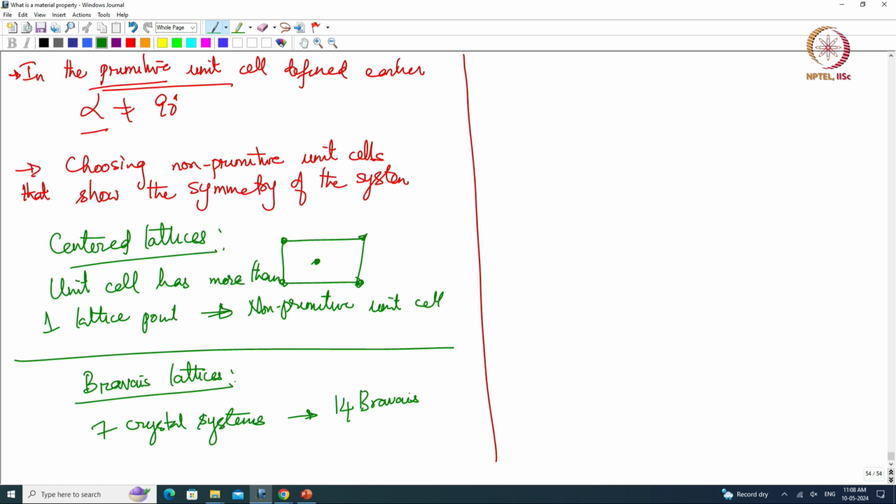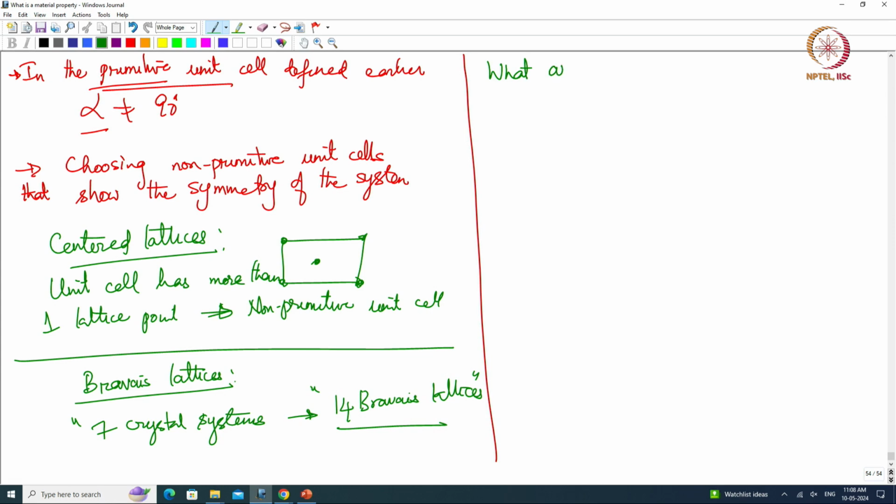I will do that exercise in the next class, but we have 14 Bravais lattices. A crystal system can either have a primitive unit cell or a unit cell of choice which is non-primitive. And what are the different sorts of non-primitive unit cells that a crystal system can have? There can be 14 different Bravais lattices.